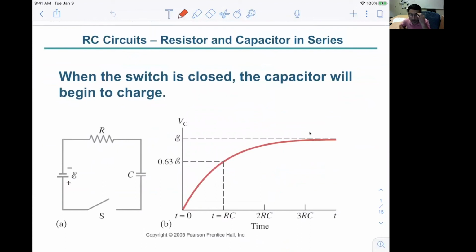So for example, you can see such a circuit, but at the beginning, the switch is open, so there's no current passing through, and the capacitance is empty. What happens when you close it?